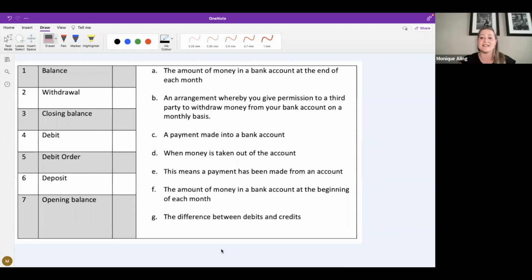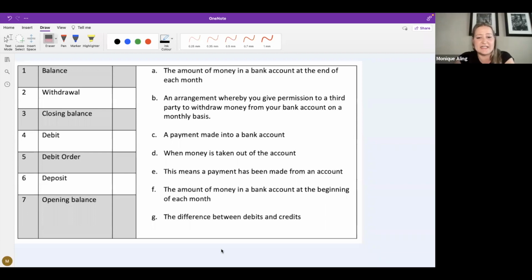Good. Okay, deposit is our next one. What does deposit mean? Okay, good. A payment made into a bank account. We're depositing money into an account. Okay, putting money in. Great.